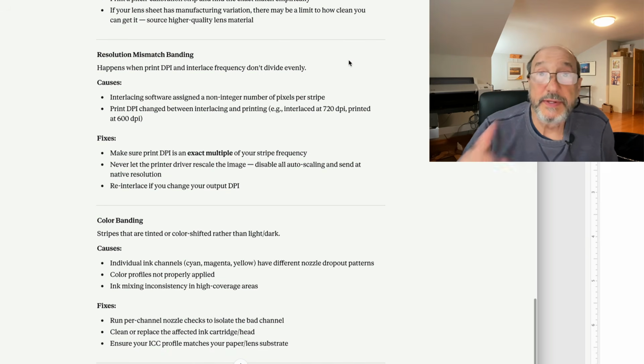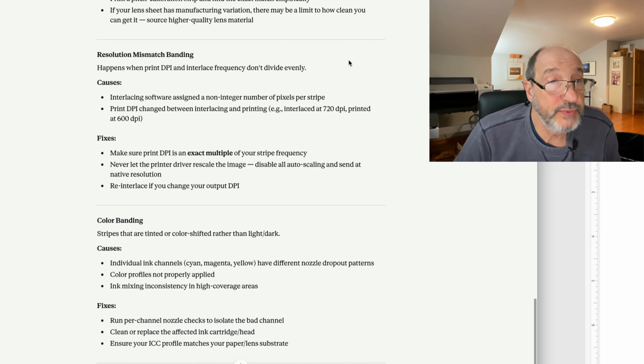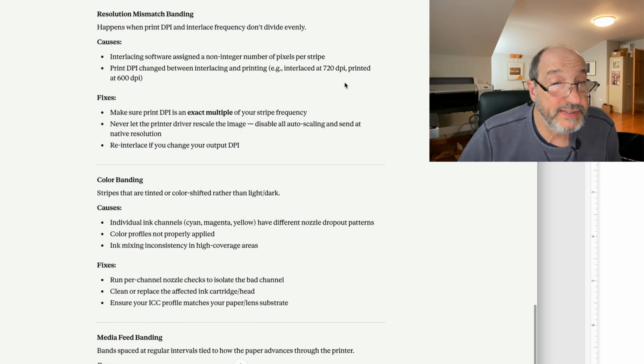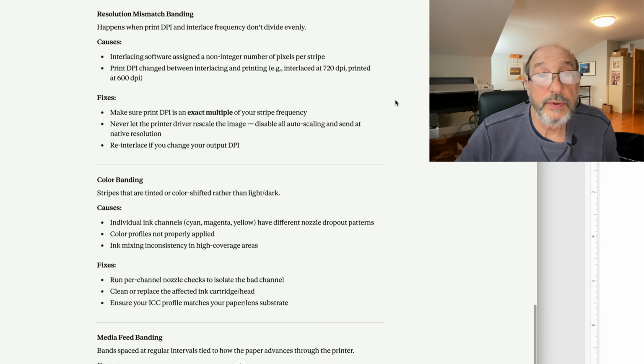Resolution mismatch banding. This really is the cause. It happens when print DPI and interlace frequency don't evenly divide, so the interlace software assigns a non-integer number of pixels per stripe. Fix: make sure DPI is an exact multiple of your stripe frequency. That would be an ideal world, like if you had a 600 PPI printer and a lens sheet like 50 LPI that divides evenly into that.